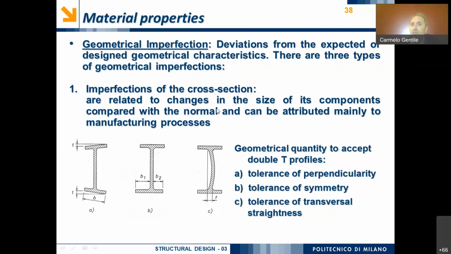So the imperfection of the cross-section, which is some small deviation of the cross-section with respect to the ideal geometrical shape. Of course, this kind of imperfection is possible, but there is a very close to zero tolerance for this kind of imperfection.